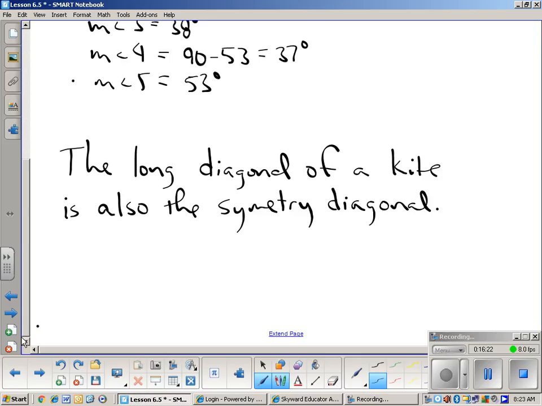And we can prove that, writing a proof of triangles like we did last unit. But I'm not expecting you to, I just want you to understand it, and know it, write it down and have it. So the long diagonal of a kite is also the symmetry diagonal.